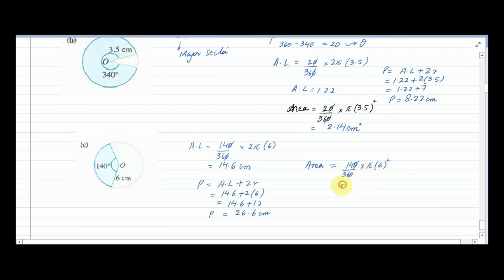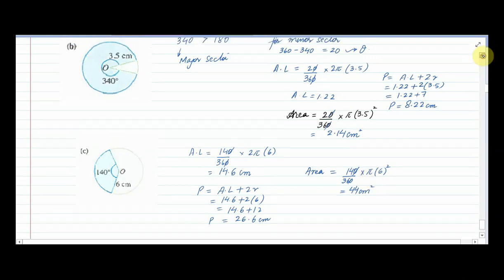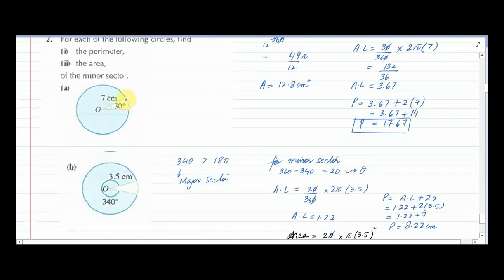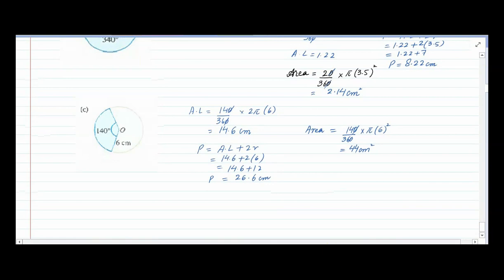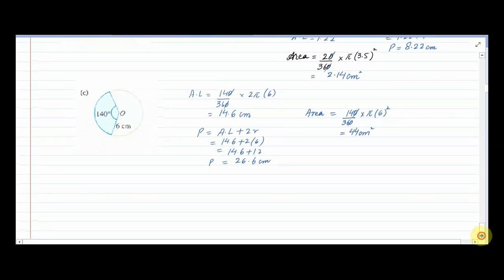So it's 44 centimeter square. Now it seems quite easy to you because we are doing the same thing, the same working formula and the same parameters. It is asking that area and perimeter.